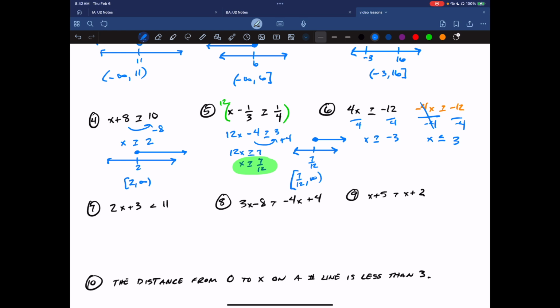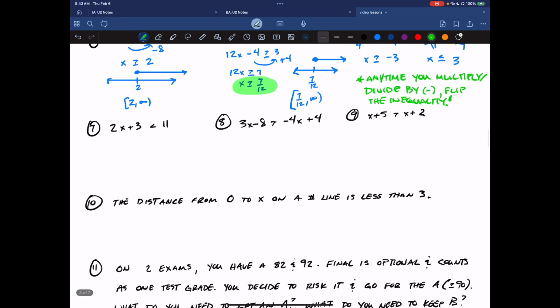And that's because anytime you multiply or divide by a negative, you have to flip the inequality sign. Okay? So always remember that. It's subtle, but it does make a difference. And you need to be paying attention to that.